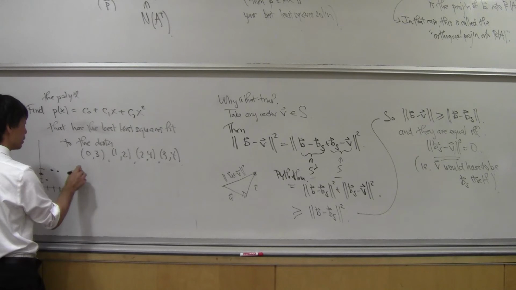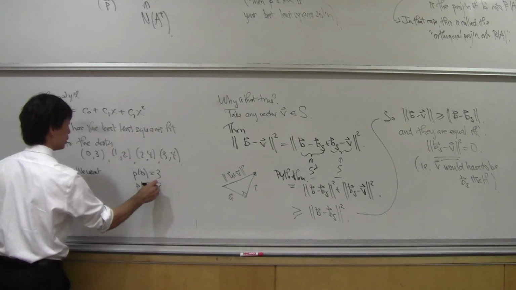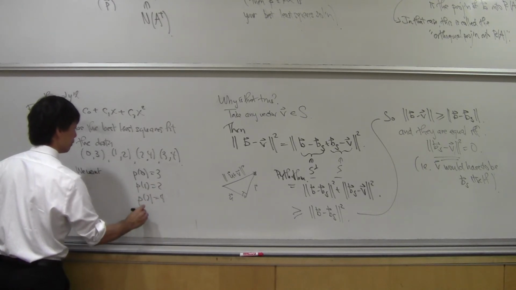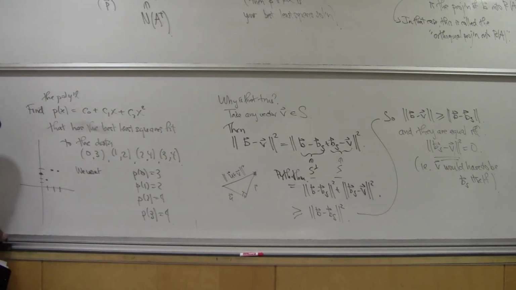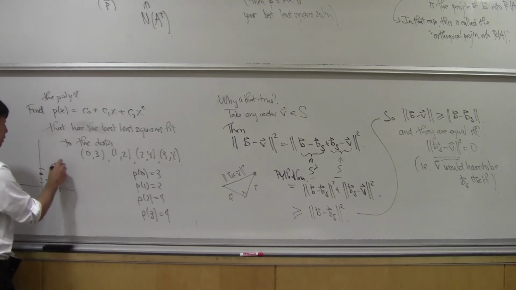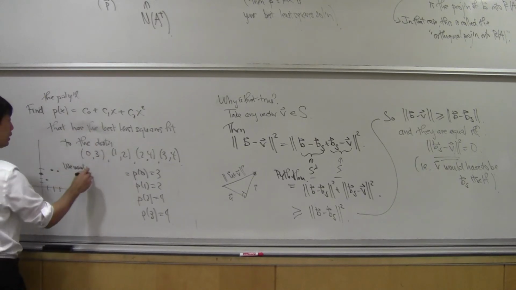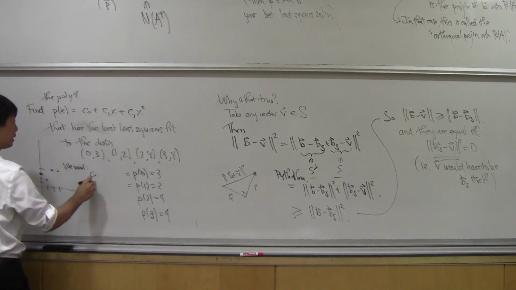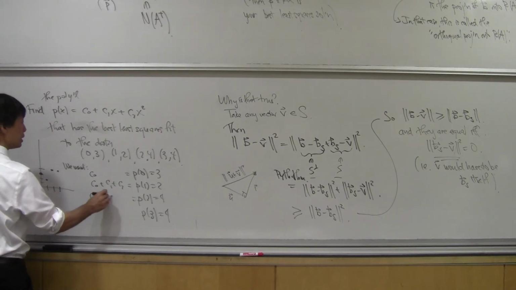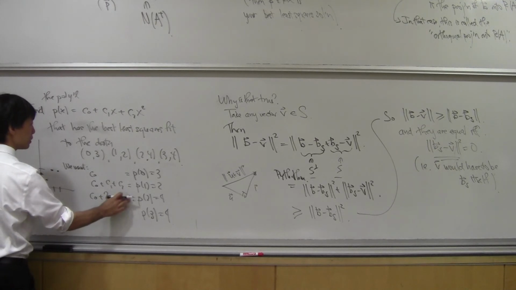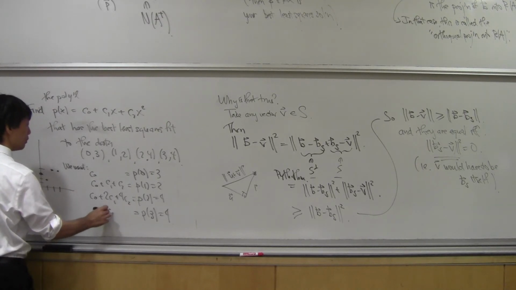Notice we want p of 0 to be 3, p of 1 to be 2, p of 2 to be 4, p of 3 to be 4. But p of 0 is c0. p of 1 is c0 plus c1 plus c2. p of 2 is c0 plus 2c1 plus 4c2. p of 3 is c0 plus 3c1 plus 9c2.